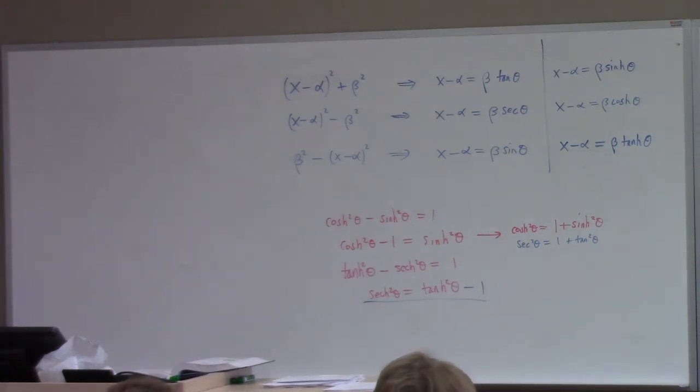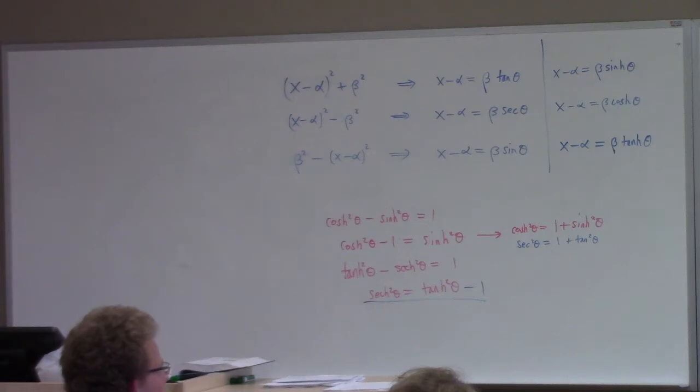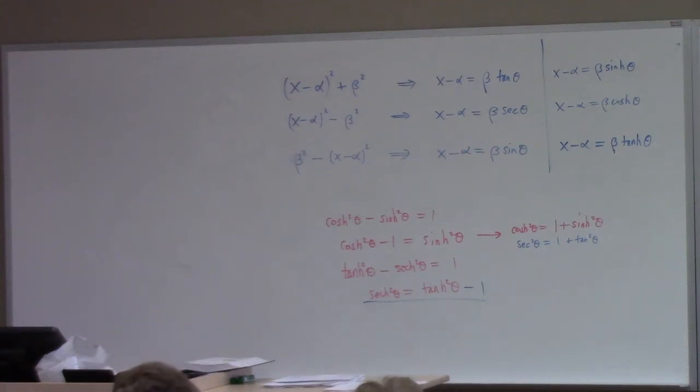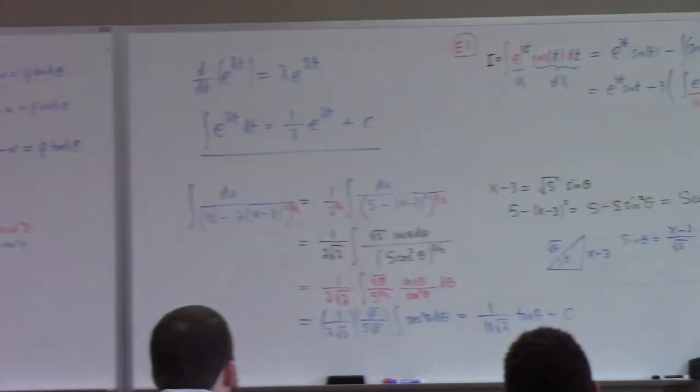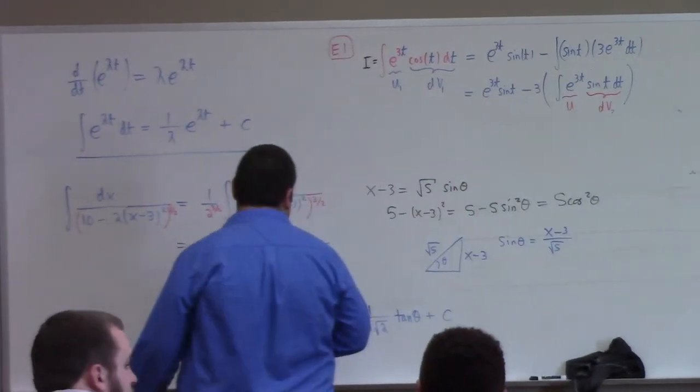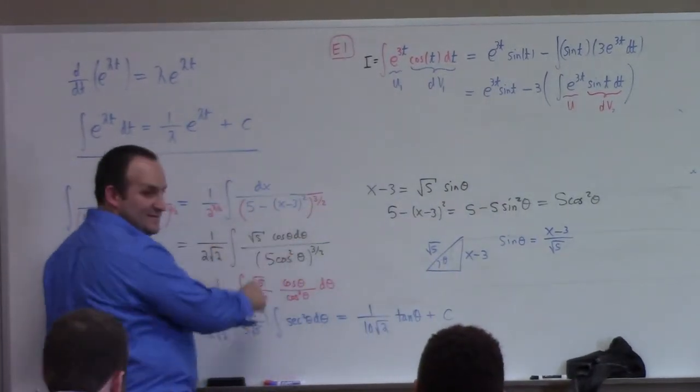Here's our triangle. Theta, we've got sine theta is x minus 3 over root 5. So what's the adjacent side? You know. What's that? It should be this thing, right?